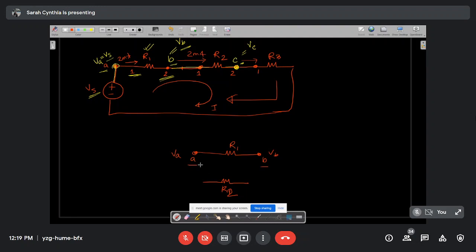That is, R1 and R2 will both be connected to node A, and again R1 and R2 will both be connected to node B. So they will share two common terminals, node A and node B.